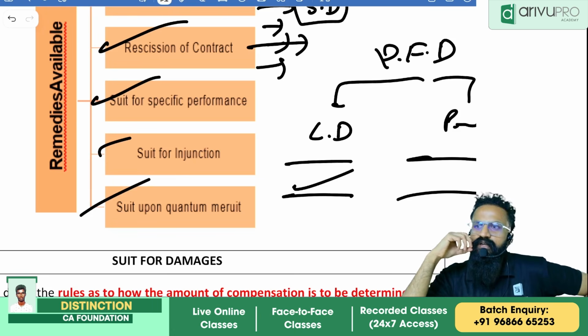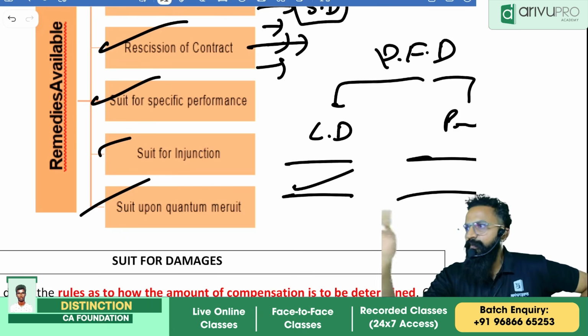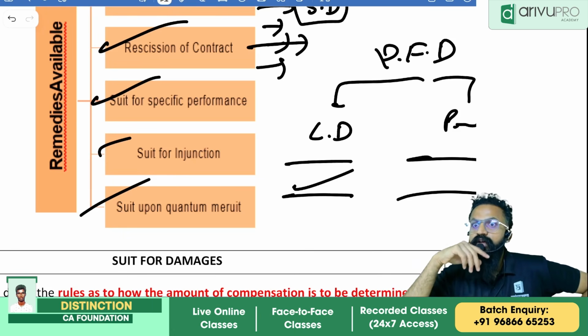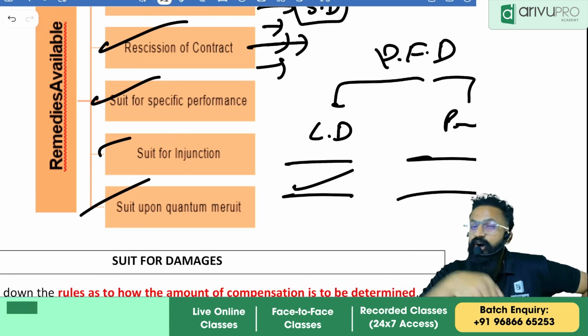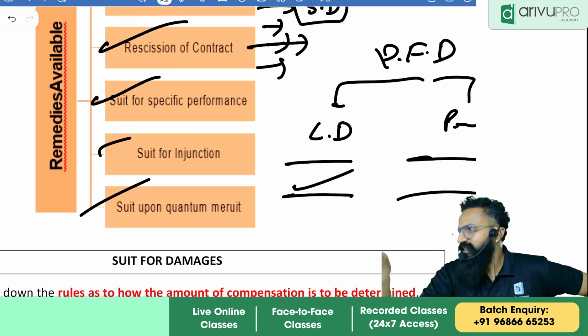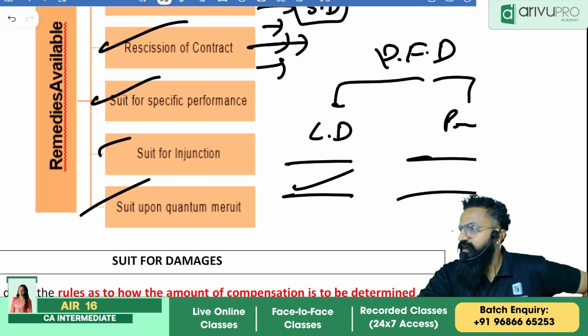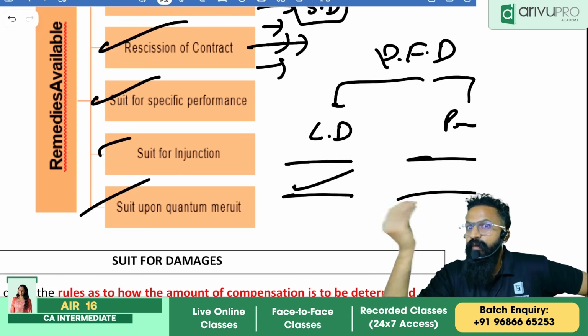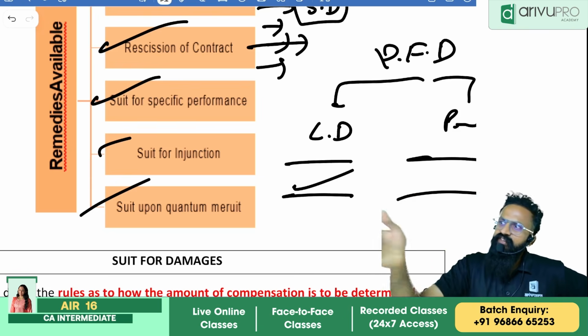What is quantum meruit? When a party has not completely performed the contract and we stop the contract in between, you are eligible, as long as you are not the wrongdoer, to get some compensation for whatever you have done. So quantum meruit means to get money as much as performed.